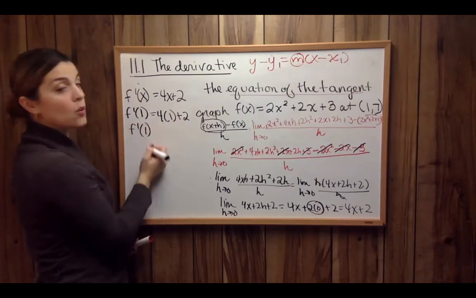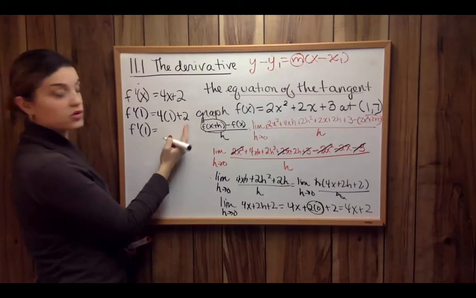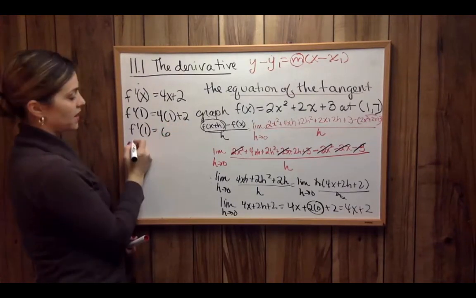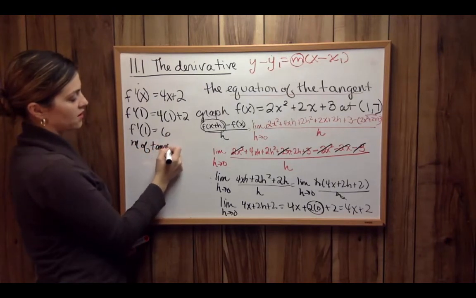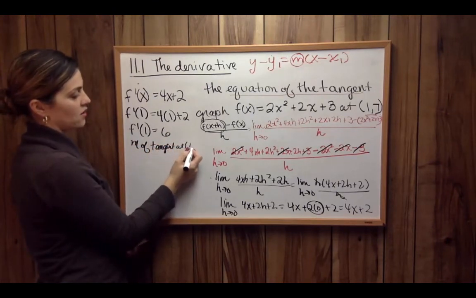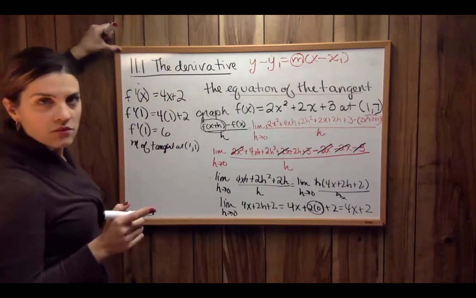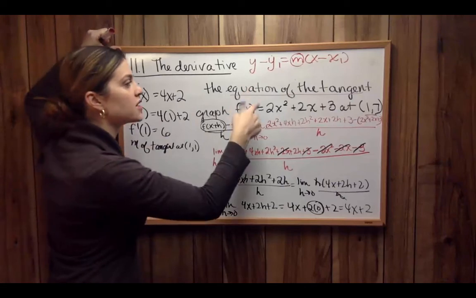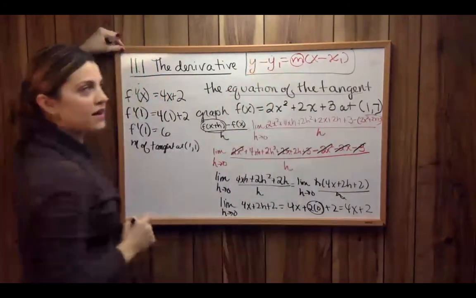So the slope of the tangent line at 1 is 4 plus 2, which is 6. It's the slope of the tangent line at 1, 7. Was that the question, though? The question asked you to find the equation of the tangent line. We're almost there, because here is where you finish.